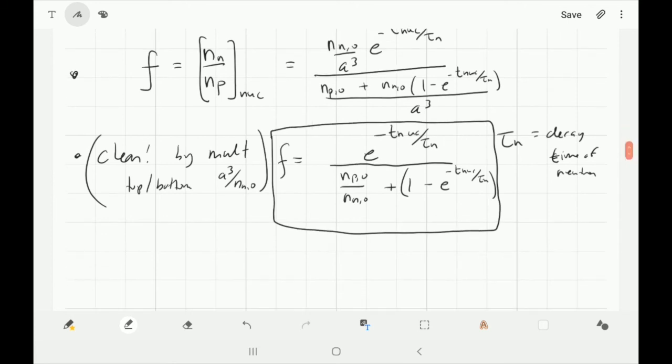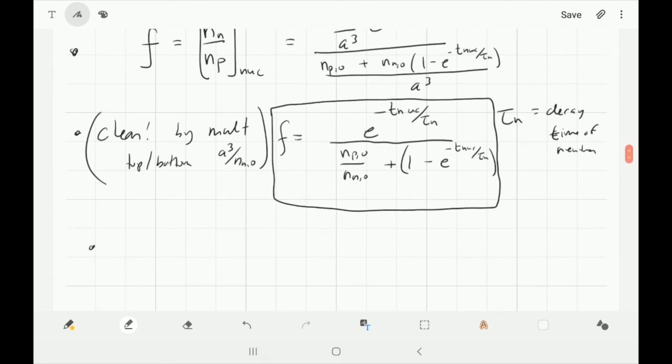The last thing to point out is perhaps a reminder that the statistical mechanics that we sort of glossed over tell us that this ratio of the number density of neutrons to protons at the time when the weak interaction freezes out is very approximately, and it's a very good approximation, given by the exponential of minus Qn over k times the temperature when the weak interaction freezes out.